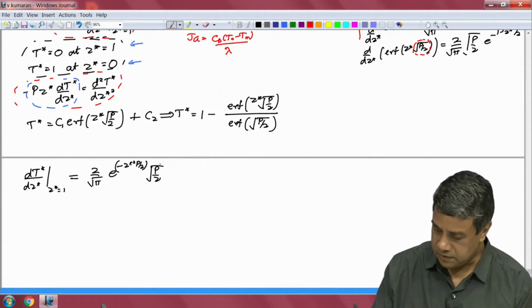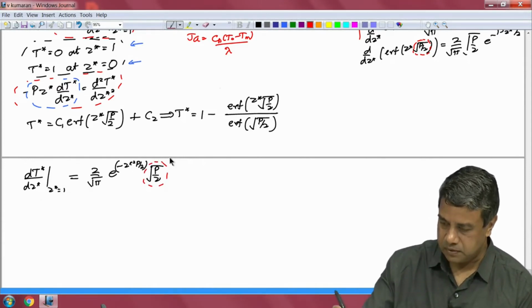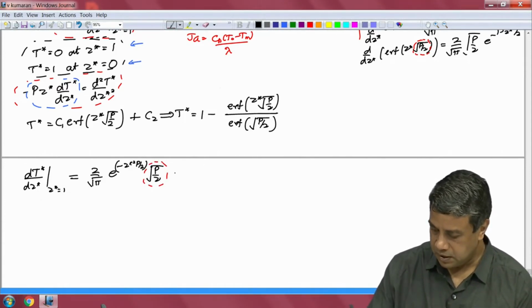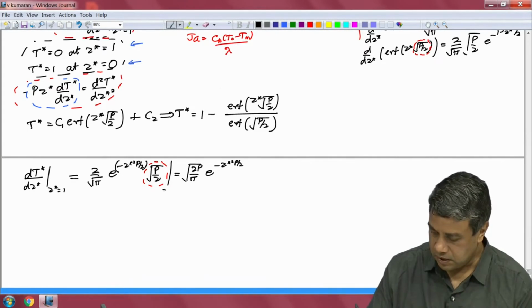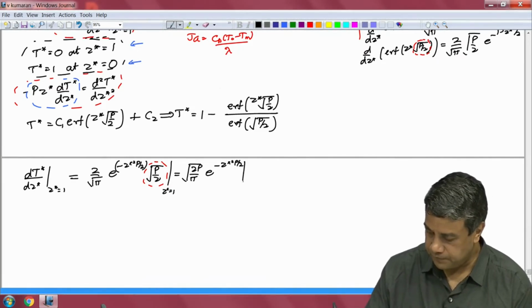So, that accounts for this factor square root of p by 2 here, and I will get the final result as root of 2 p by pi e power minus z star square p by 2 at z star is equal to 1.